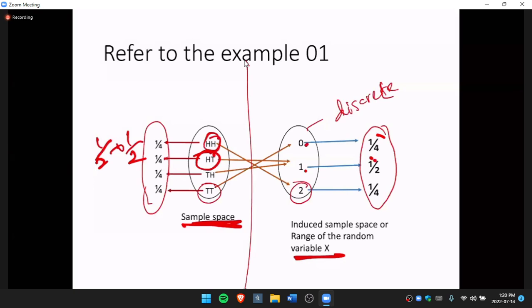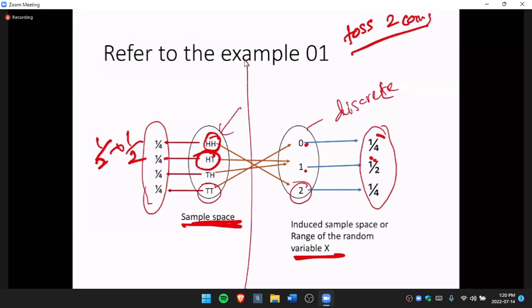Now, you may have a question. We toss 2 coins, so how can we get these values? If we toss 2 coins, we may get only these sample elements: HH, HT, TH, TT.